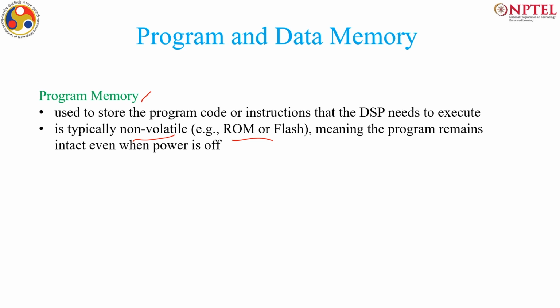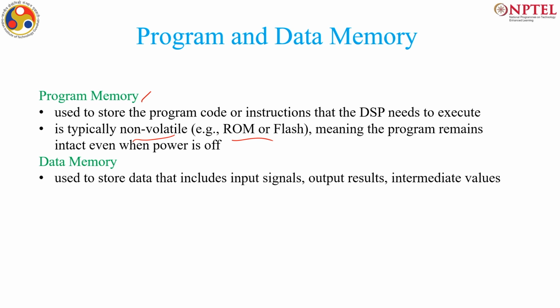So here my program is typically stored and it should not be changed or erased. But often these have also become volatile and you can rewrite the program and change it. But when you actually make a final product, like say this recorder which is recording this lecture, probably the program is hard coded in a non-volatile ROM.